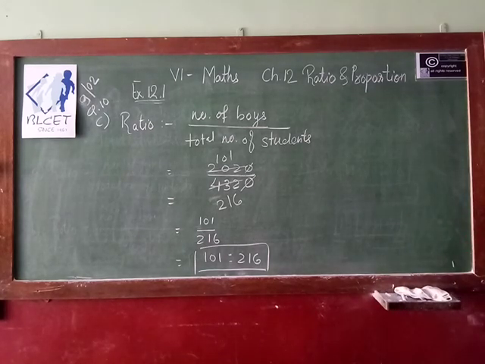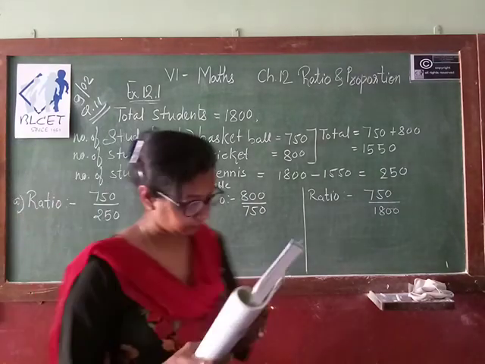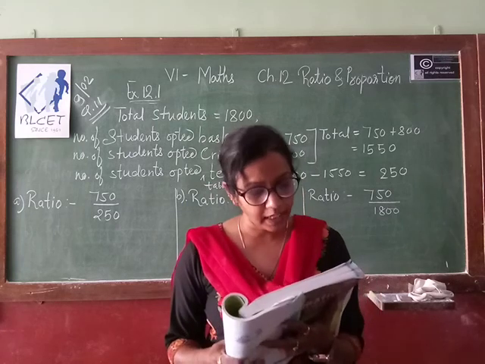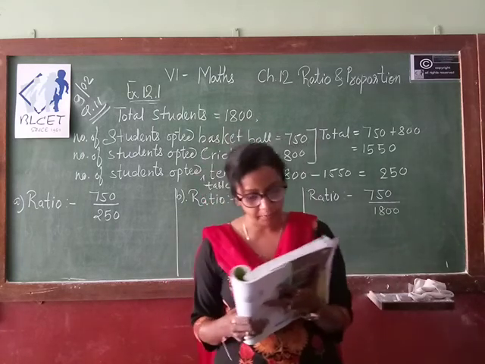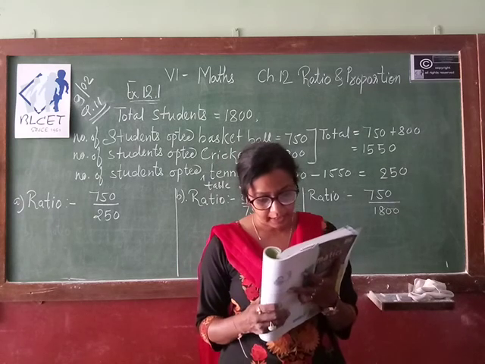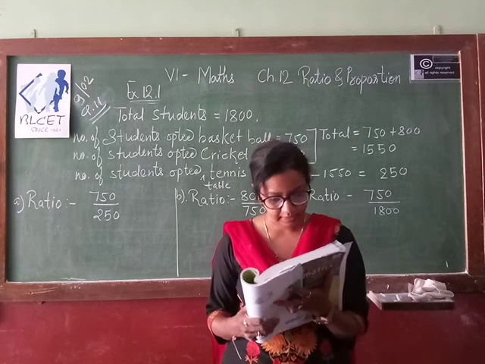Question number 11. Now see the 11th question. Okay, the question is, out of 1800 students in a school, 750 opted basketball, 800 opted cricket and remaining opted table tennis.